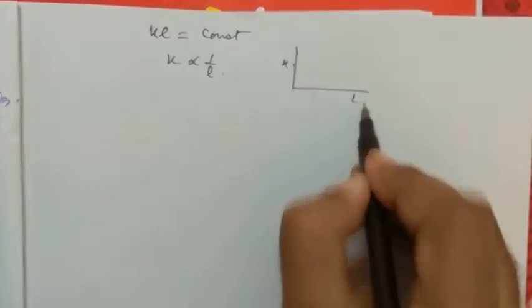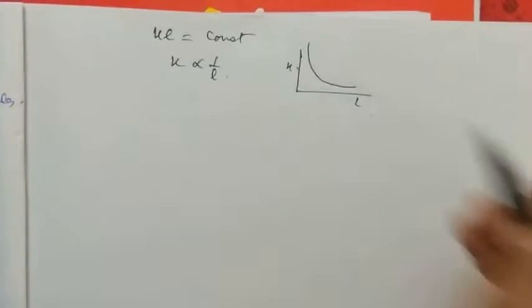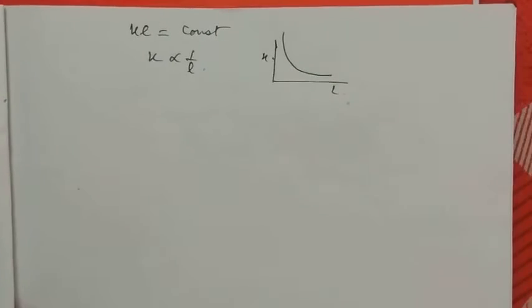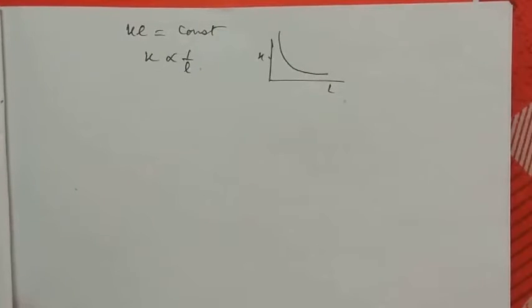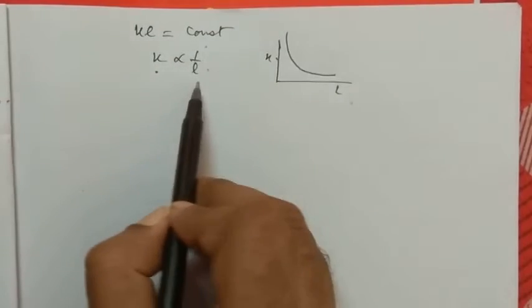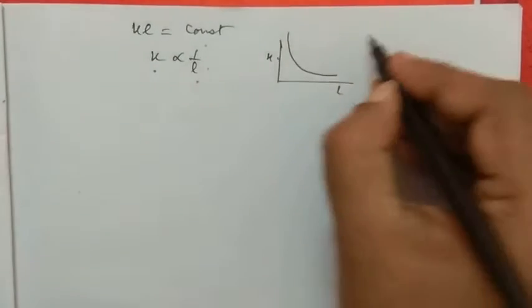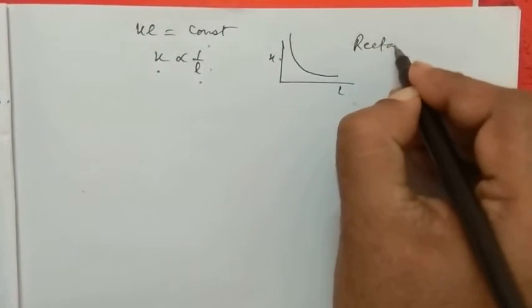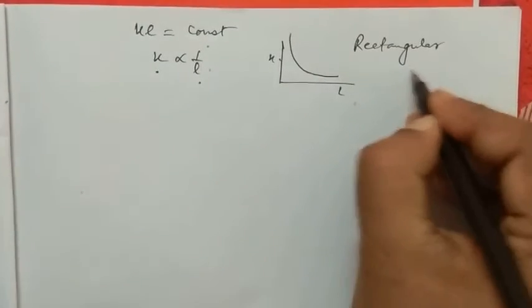This was K, this was L. If you remember the graph between pressure and volume for Boyle's law, it was also the same. That means P proportional to 1 by V. So K inversely proportional to L means this shape is a rectangular hyperbola.